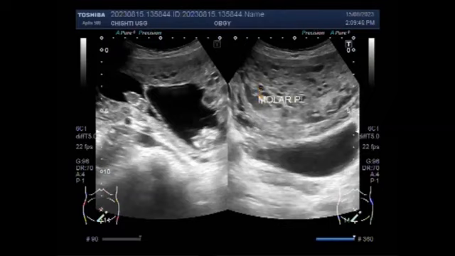Hydatidiform mole is a common complication of pregnancy. It consists of a non-viable fetus, as in this case there are two embryos, fetuses that implant and proliferate within the uterus. A hydatidiform mole can be complete or partial.